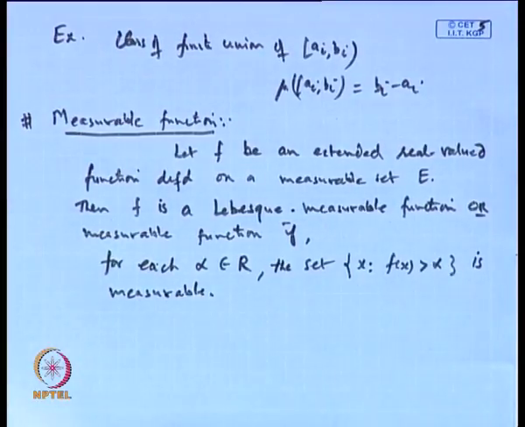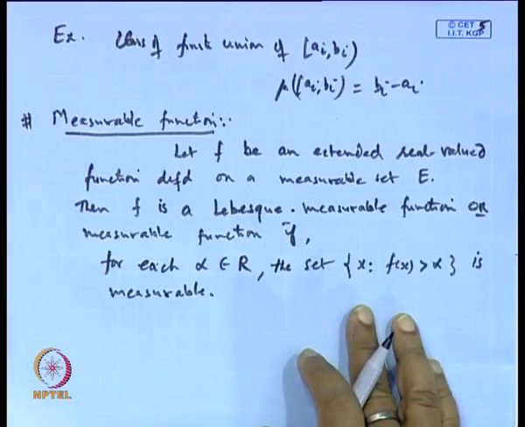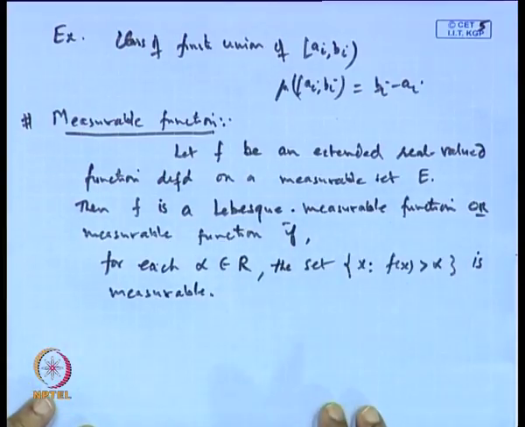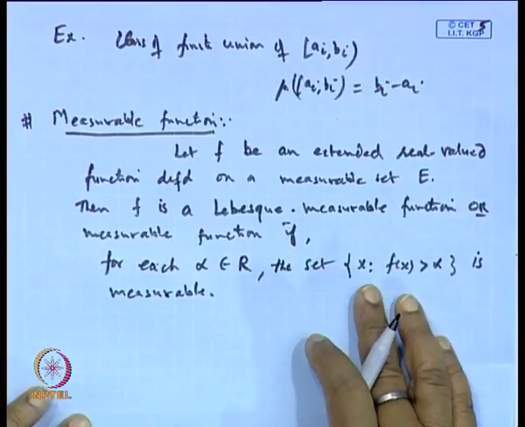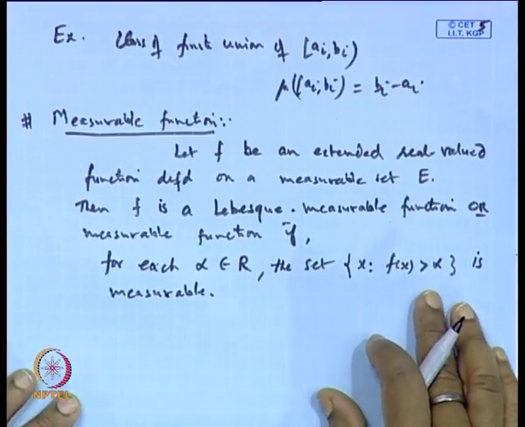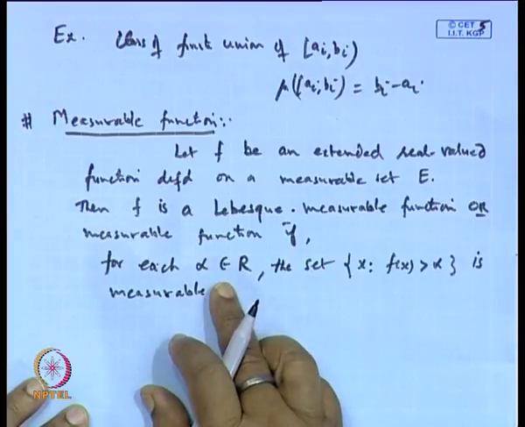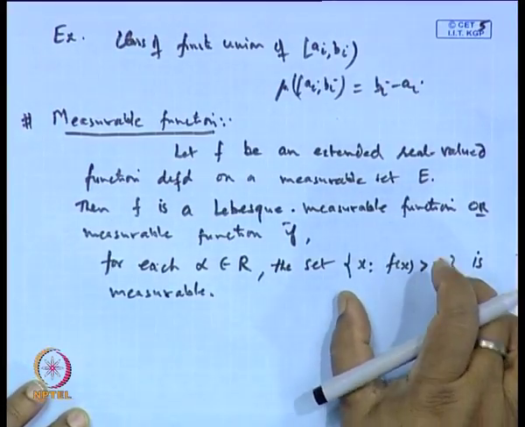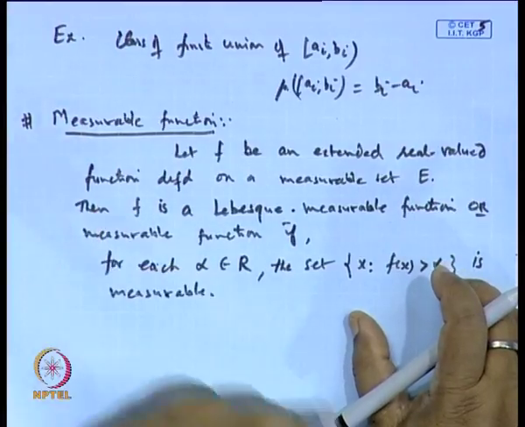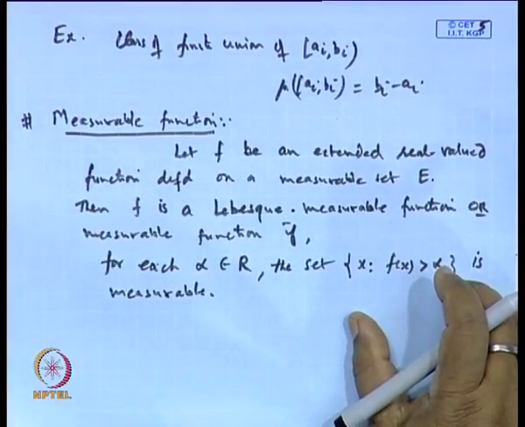So, what we see here is a function f is said to be a Lebesgue measurable function if the set of those points where f(x) is greater than alpha, for each alpha, is a measurable set. This set being measurable means it decomposes any other set into two disjoint sets so that the outer measure becomes additive.